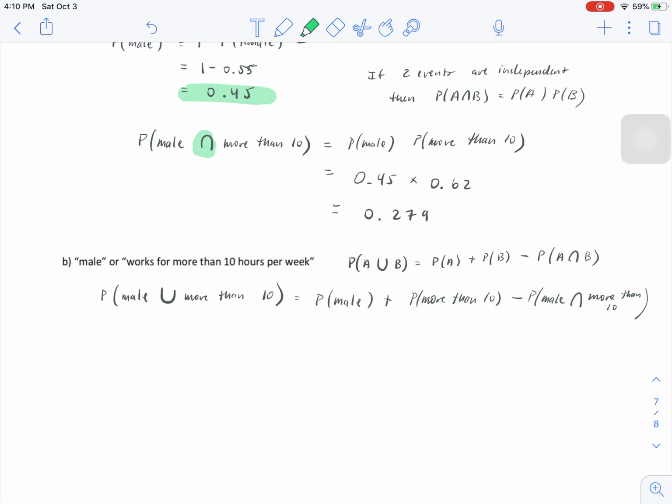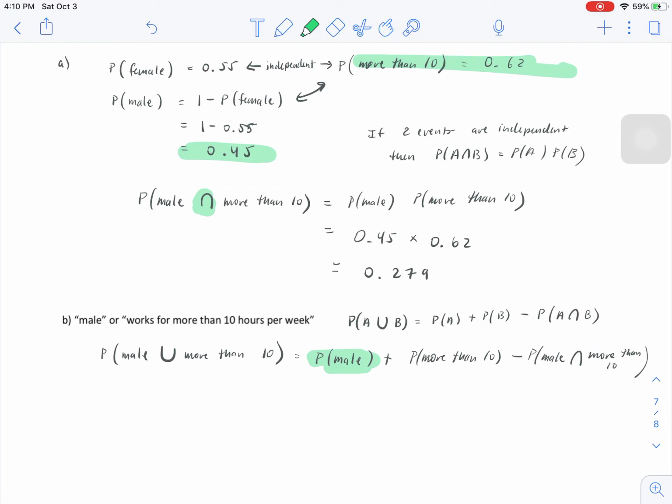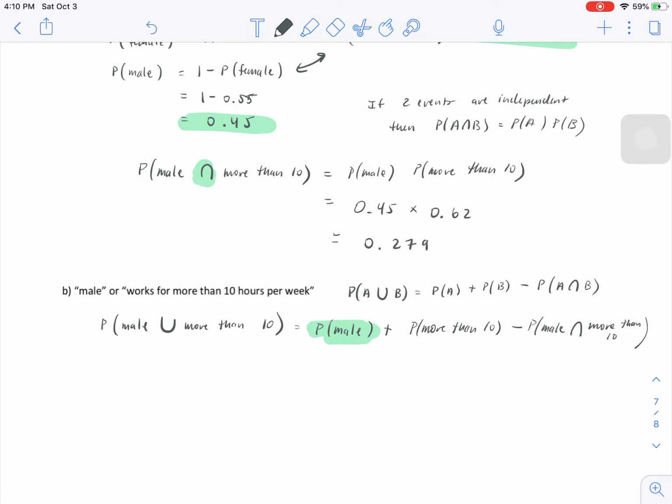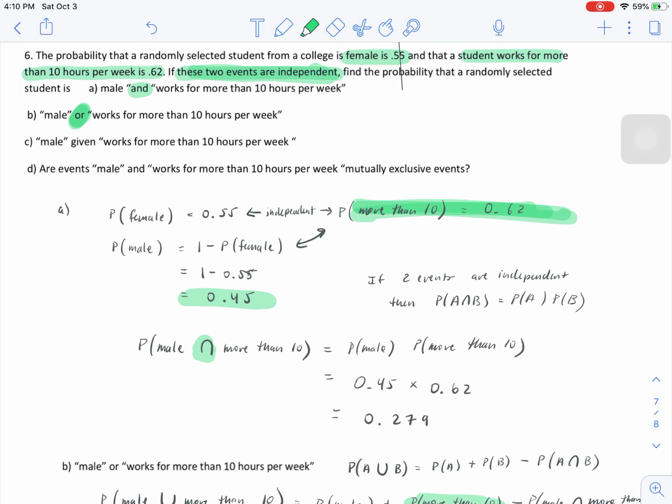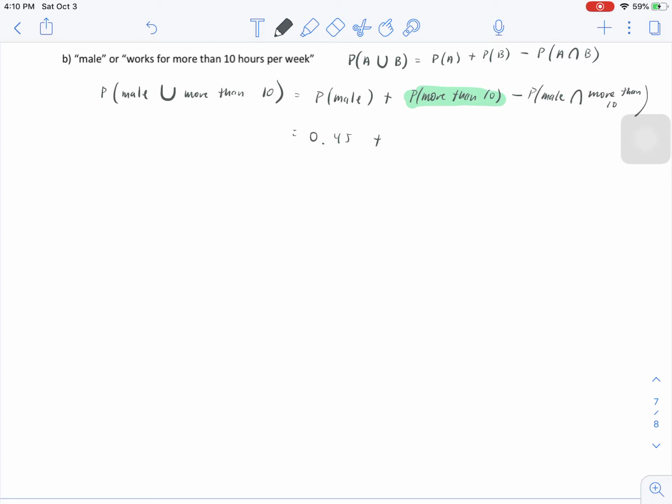Well, we found this probability in the beginning. This is 1 minus the probability of being female, so that's 0.45. The probability that you work more than 10 hours per week was given to us in the problem. It's 0.62.